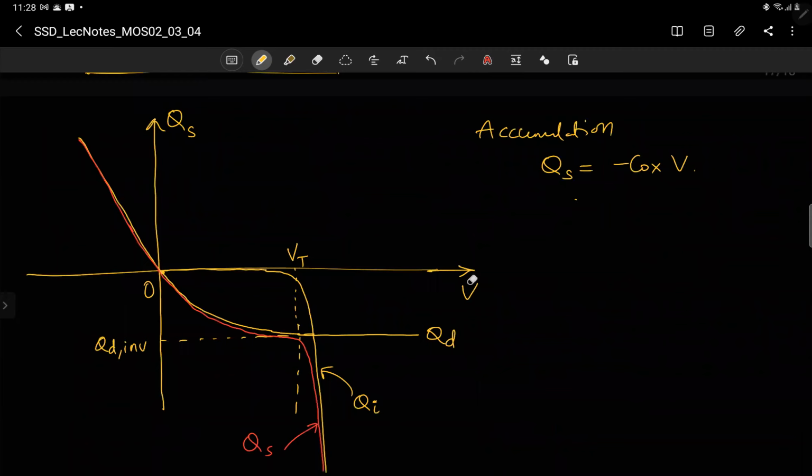So Qs, if you plot it as a function of voltage, because once we plot charge as a function of voltage, then we can find capacitance as a function of voltage. Qs as a function of voltage, when V is less than 0, it is accumulation, so positive charge.